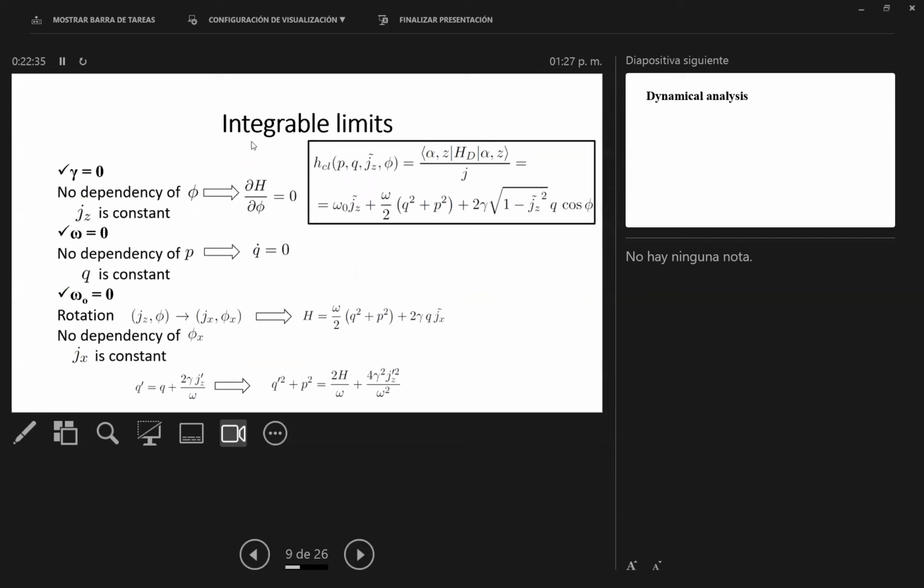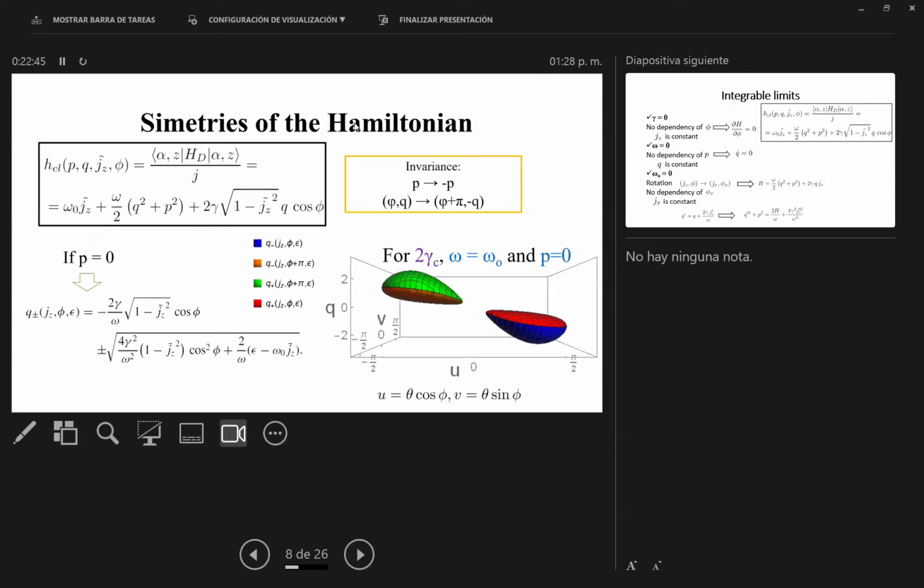Now, something about the integrable limits of this Hamiltonian. Edwin has a question. So it may happen that your Q can also be complex, right? No, Q is only real. All the classical variables are real numbers.